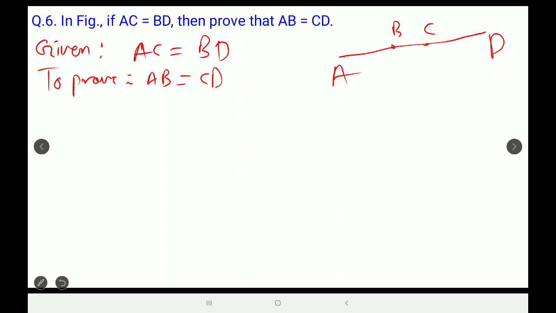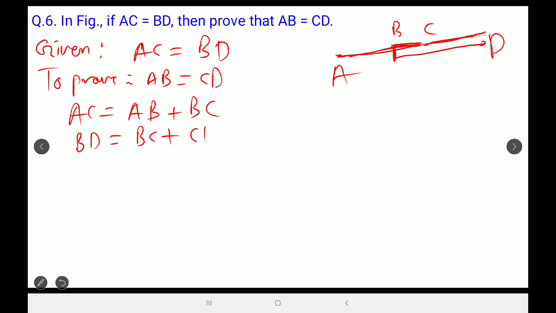So, using this diagram or figure, we can write AC equal to AB plus BC, and BD means this part, BD equal to BC plus CD. Now it is given in the question that AC equal to BD.